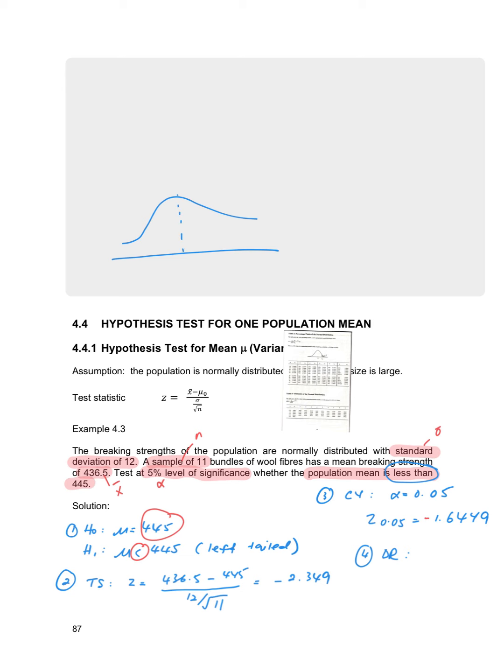We already got our critical value, which is negative 1.6449. So let's say the value is here, negative 1.6449. Any value that falls less than negative 1.6449, then we decide to reject the hypothesis by comparing the value. This area is called the rejection region, whereas this one is the acceptance region.